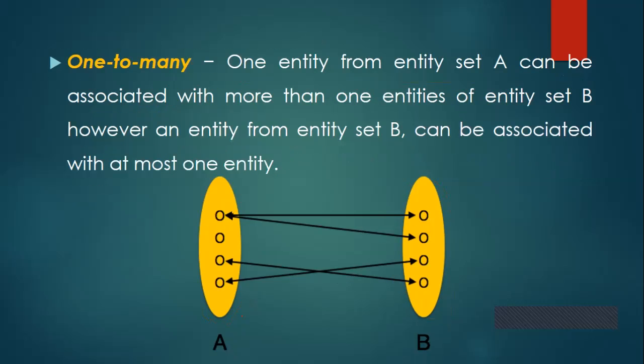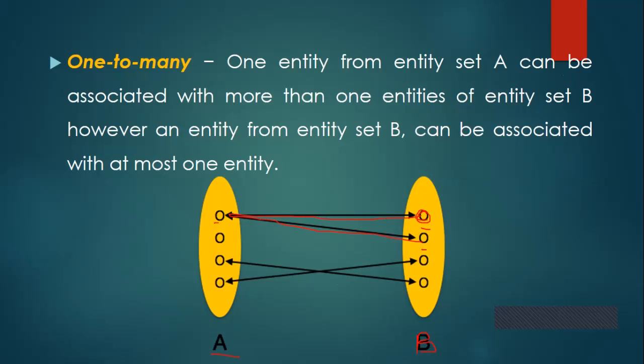Next, one to many. What does this mean? One entity of entity set A is associated with more than one entity of entity set B. That means this entity in set A is associated with two different entities of set B. Then it is called one to many.